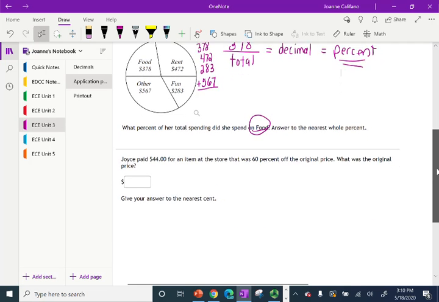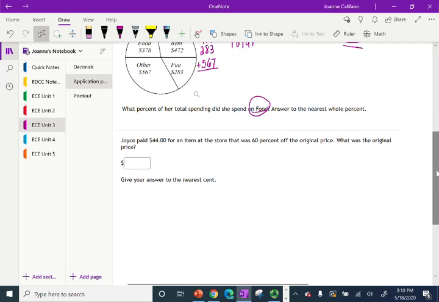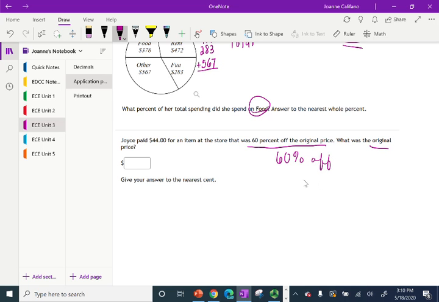Joyce paid $44 for an item at the store that was 60% off the original price. What was the original price? Okay. If it was 60% off, what did she pay? If it's 60%, that much of the price was cut off. Here's my scissors.